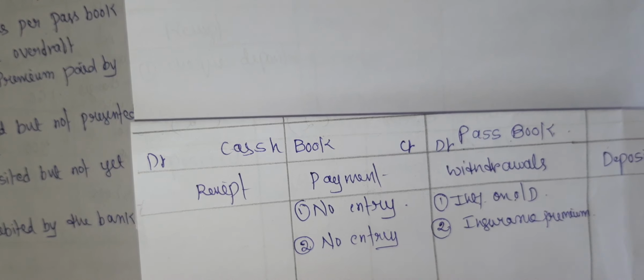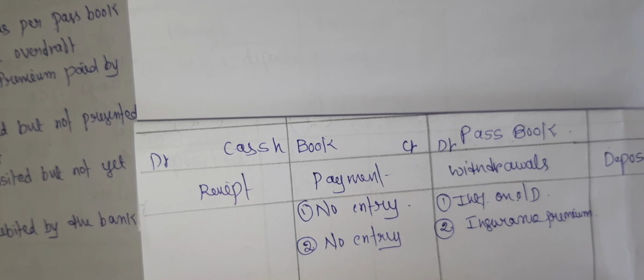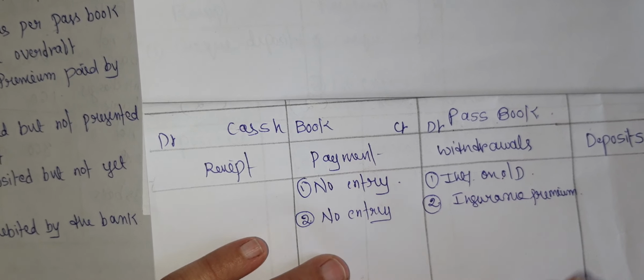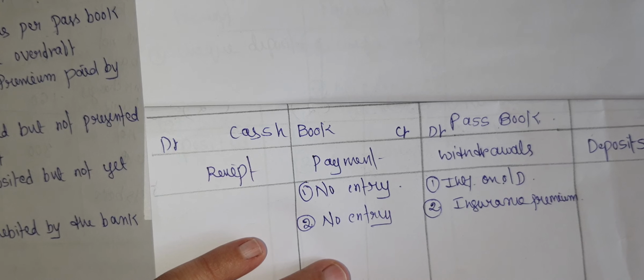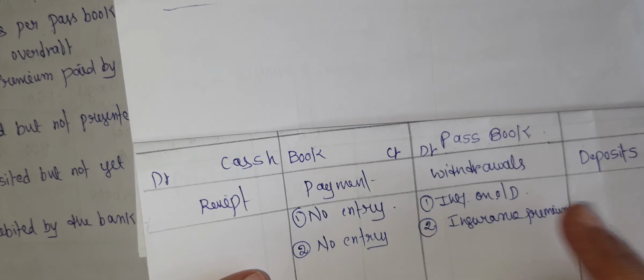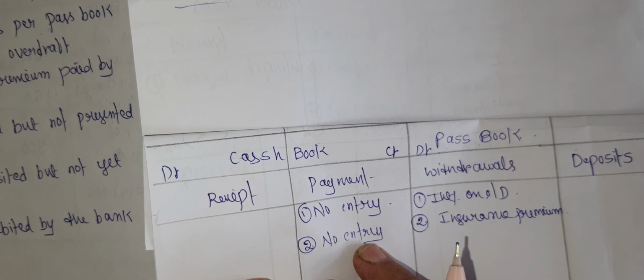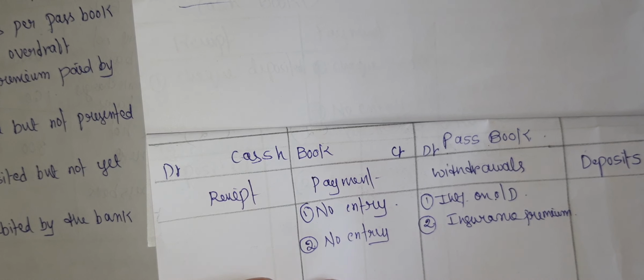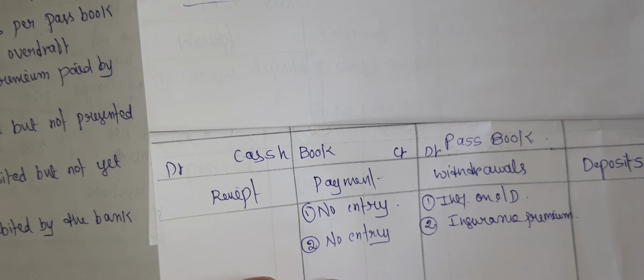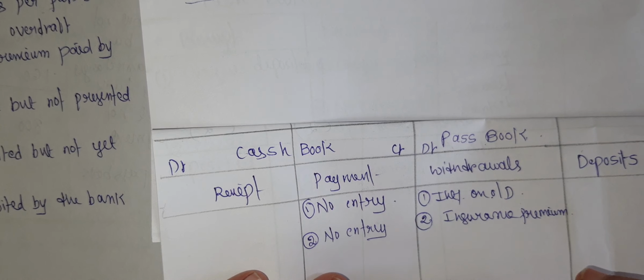Second step is comparison between cash book and passbook. See here, passbook balance is less because they are making the payment. Making the payment means their balance is less compared to the cash book. In the cash book, there is no entry, means there is no change in the cash book balance. Fine. Now, what is the effect on passbook?